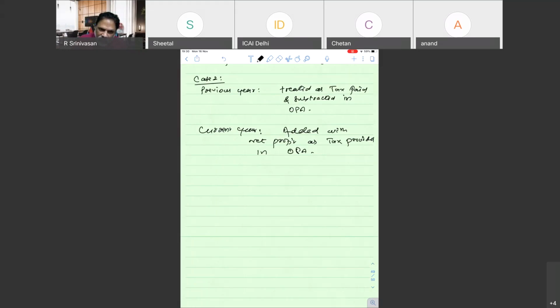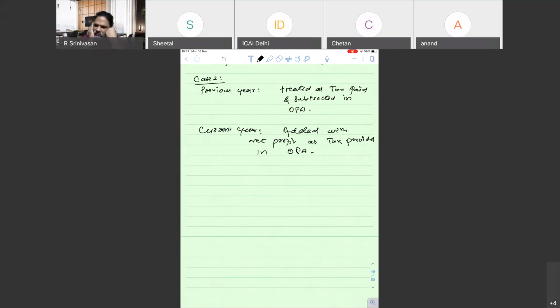But why are we subtracting the previous year as tax paid, and why should we consider the current year as tax provided?